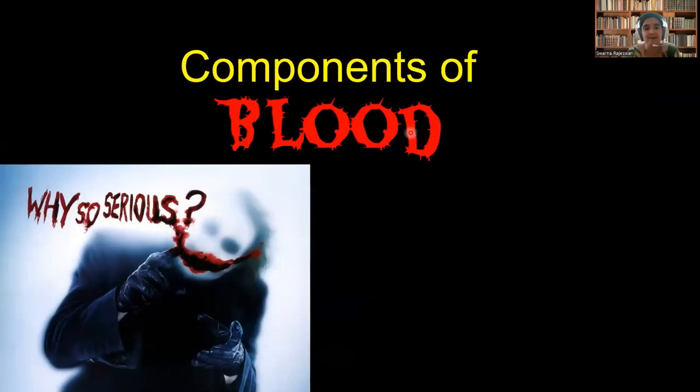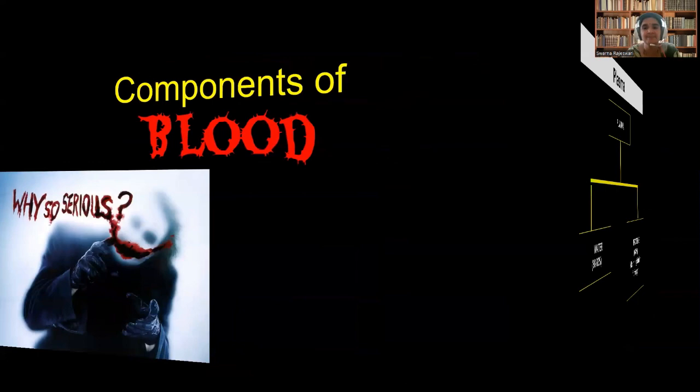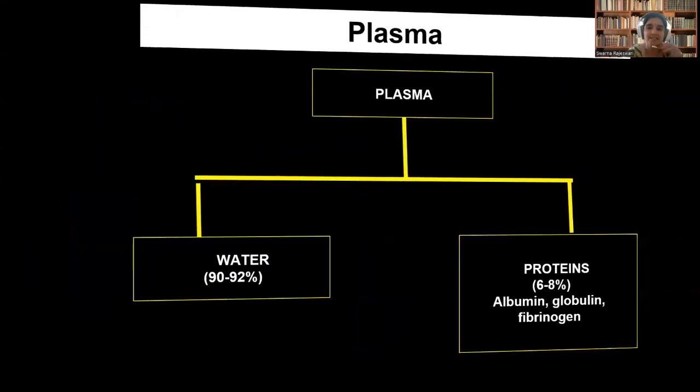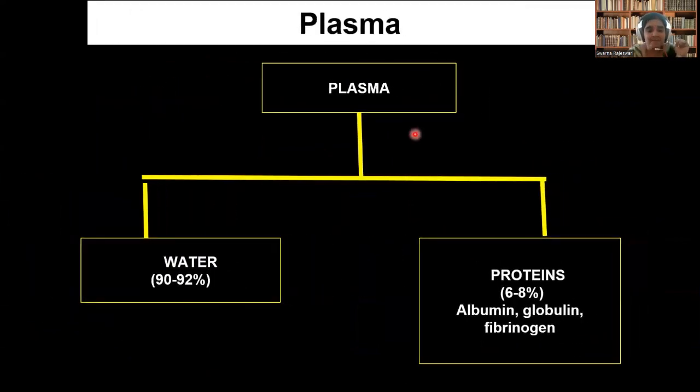So, let us see the different components which are present in the blood. First, studying about plasma. Plasma contains 90 to 92% of water and about 6 to 8% plasma proteins. There are three plasma proteins which are present. They are albumin, globulin, as well as fibrinogen.